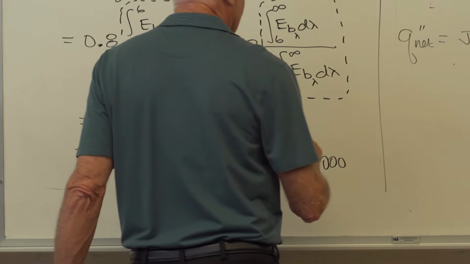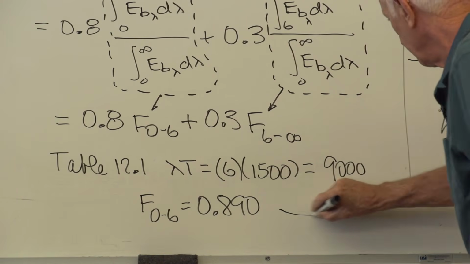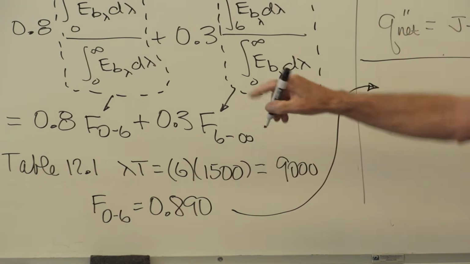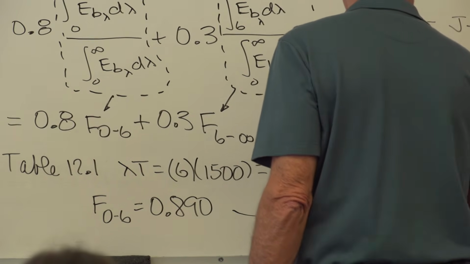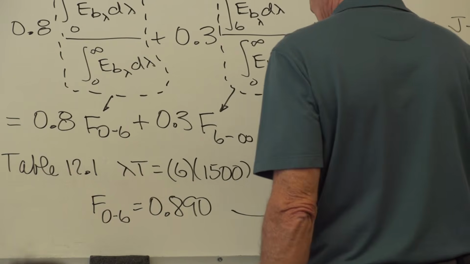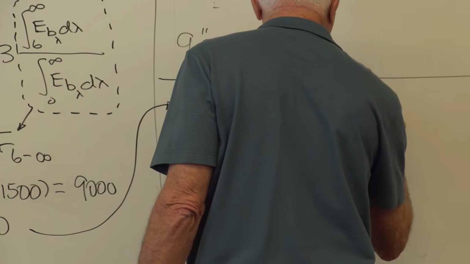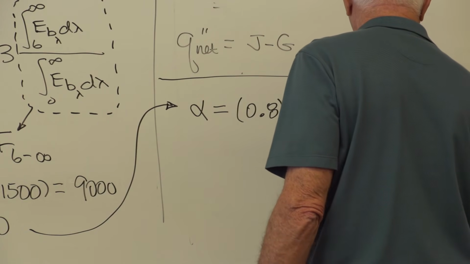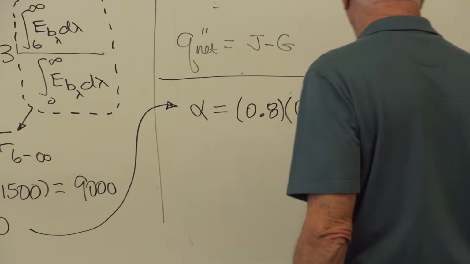So, take that, put that in the equation. Alpha is equal to 8/10 times a fraction, 0 to 6, plus 3/10 times a fraction from 6 to infinity.